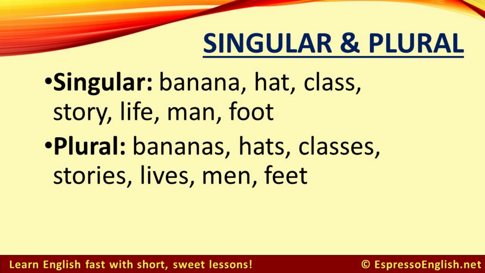For most nouns, we form the plural simply by adding s, but there are exceptions. We add es to nouns that already end in s. We add ies to nouns ending in y. Some nouns ending in an f sound end with ves in the plural. And then some nouns have irregular plurals like man, men, and foot, feet.